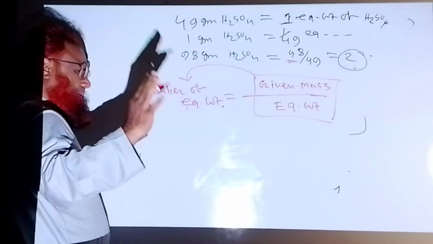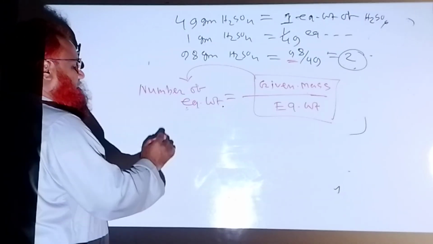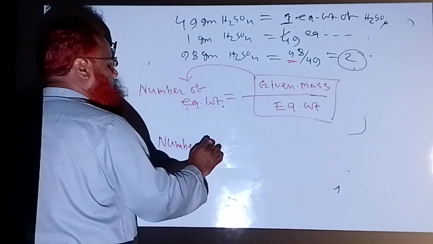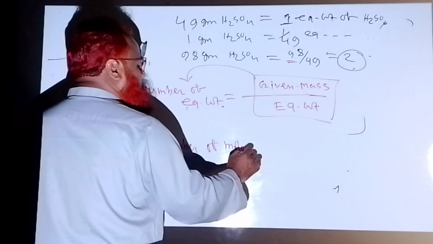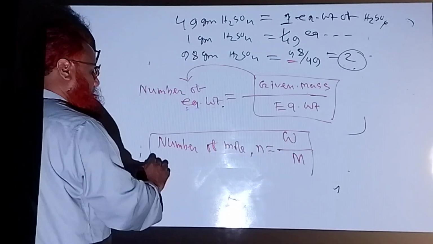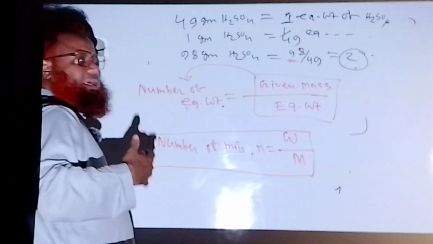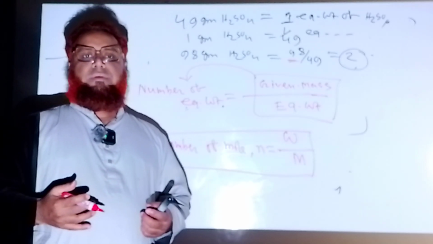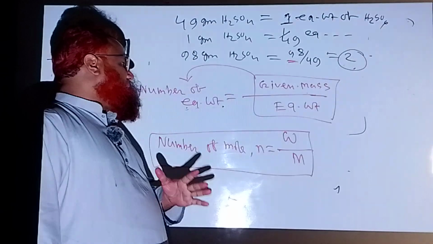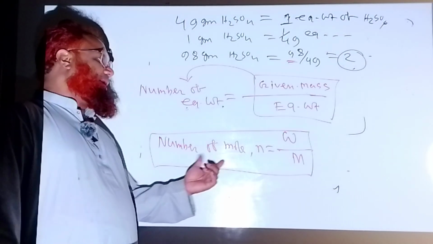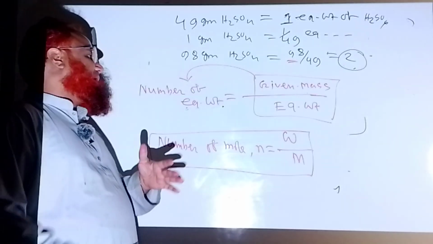Similarly, we have another formula, the number of moles. It's very simple, you know that the number of moles n equals given mass by molecular weight. That means when we want to convert a given mass into moles, we divide by molecular weight.